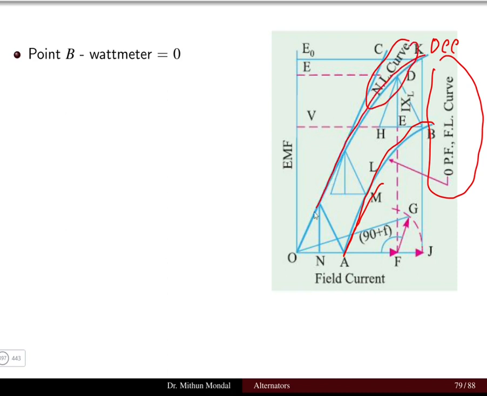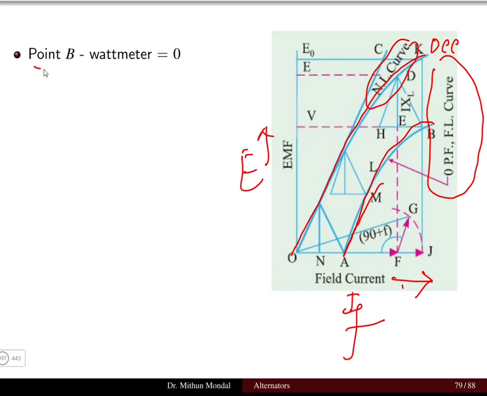On the x-axis we have the field current, and on the y-axis we will get the value of the EMF E. How to find the Potier triangle and how to find the voltage regulation, that we are going to see.